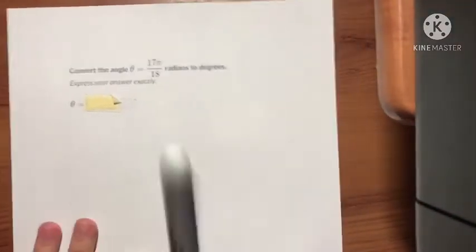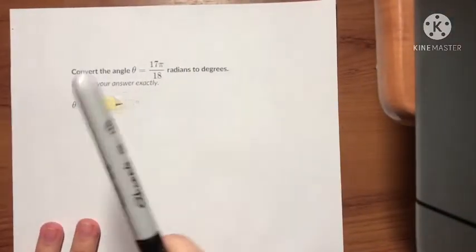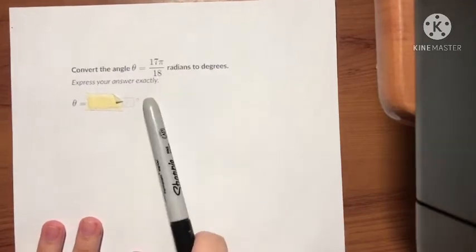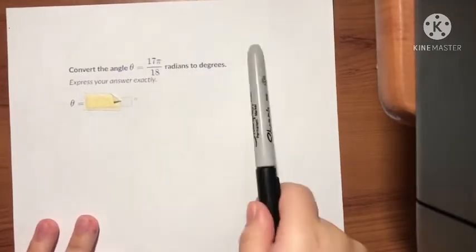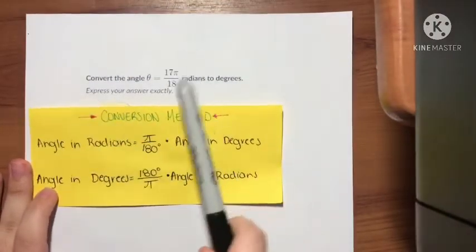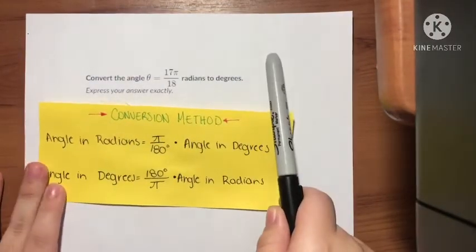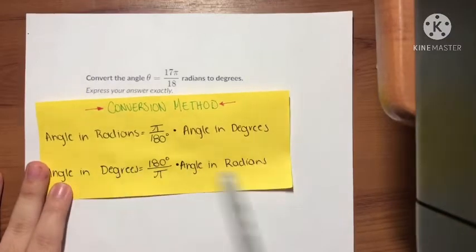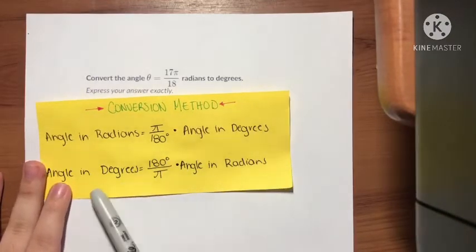Now let's start with the second exercise. It says, convert the angle theta 17 pi over 18 radians to degrees. If we look at the conversion method again, it says radians to degrees. So we can assume we'll use this formula, angles in degrees.